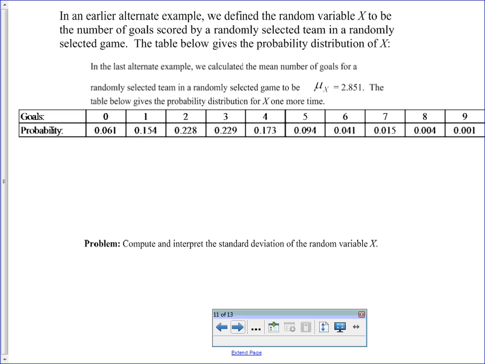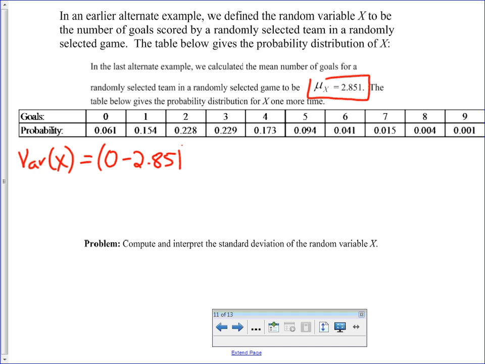So, we had already calculated that mu sub x is 2.851. So the variance of x will be (0 minus 2.851), and this is the first value, right?